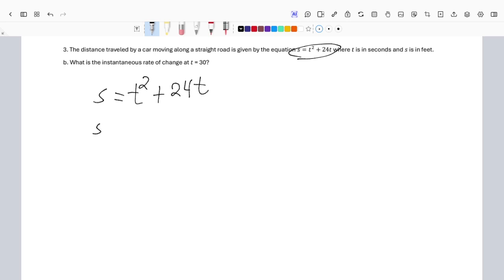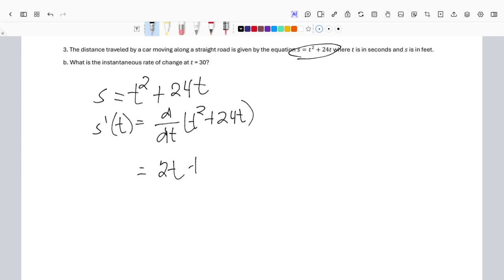First, we need to differentiate our given function, t squared plus 24t, then we have 2t plus 24.